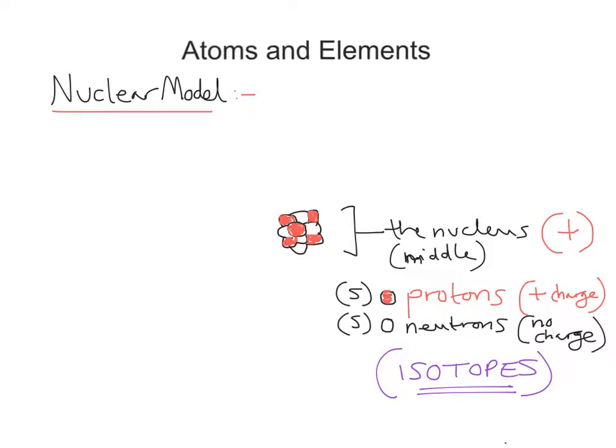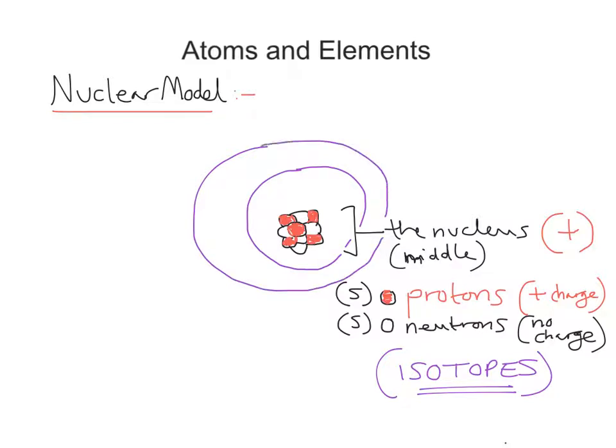Now around the nucleus are electrons. I'm just going to draw perhaps not the best circle, but so we're going to draw in some electrons. Now these electrons we're drawing in purple here, we'll have 2 there.